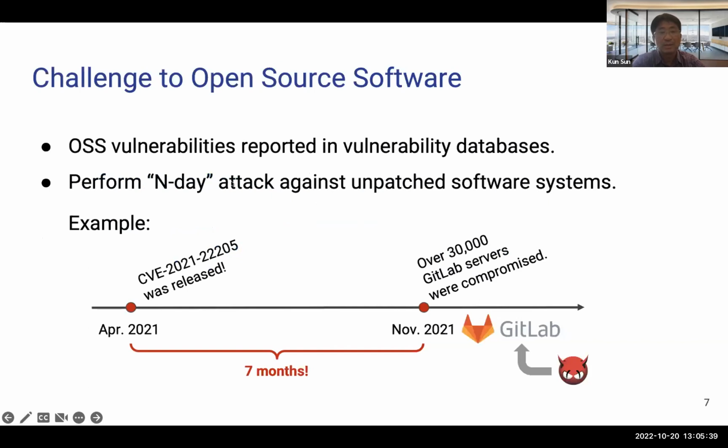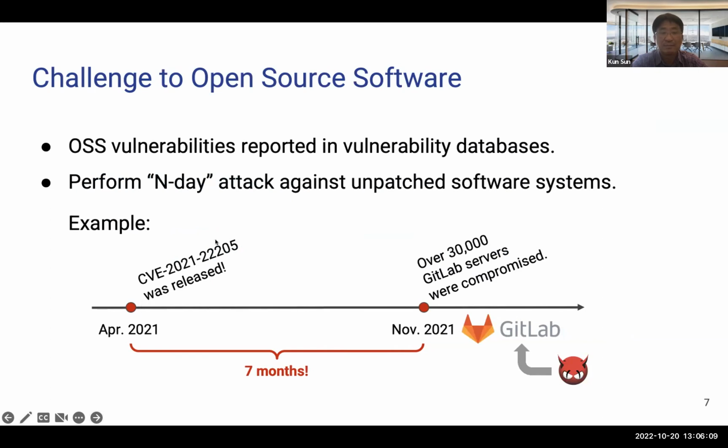When a vulnerability in OSS is identified, it may be reported to a vulnerability database like the NVD or CVE, and then the admin can be notified. Around the same time, attackers can also monitor those databases to see if there is some new vulnerability being reported.